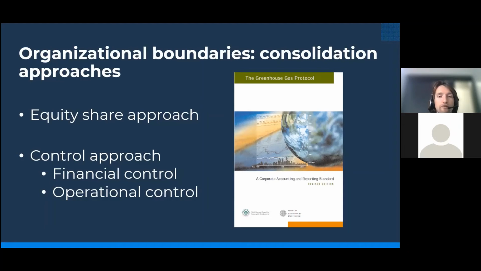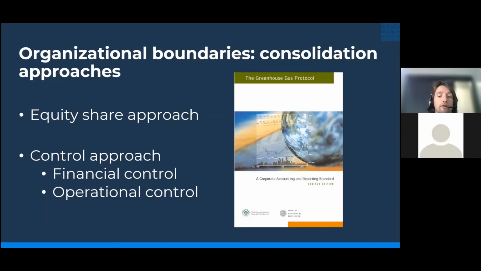Maybe for some of you, if you're working on JVs, that would be applicable. So if you're in a JV that's a 50-50 split between 2 organizations, then according to the equity share approach, you would be responsible for 50% of the JV's overall carbon emissions.